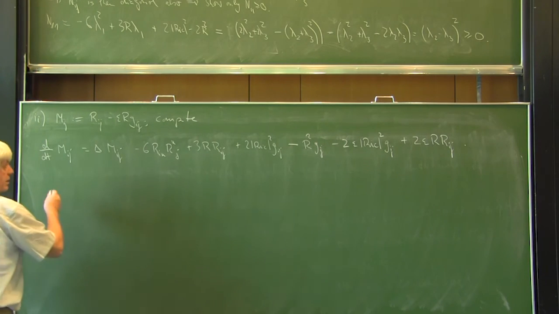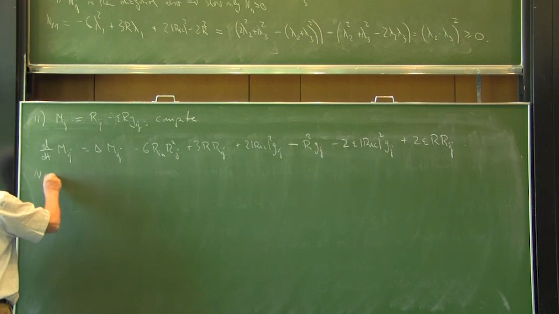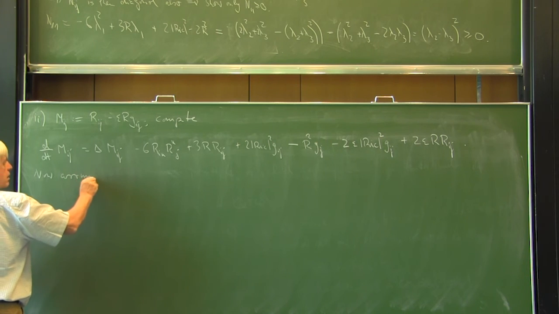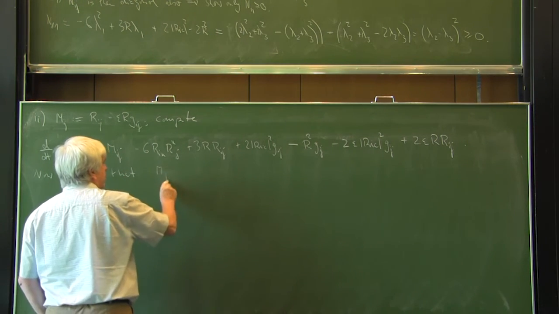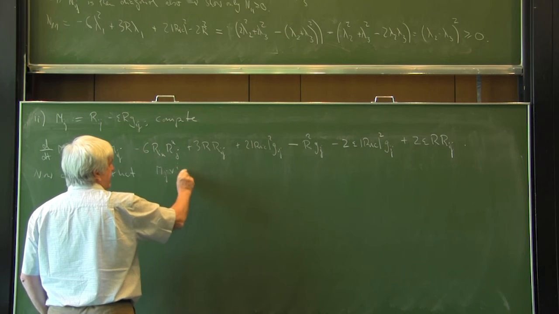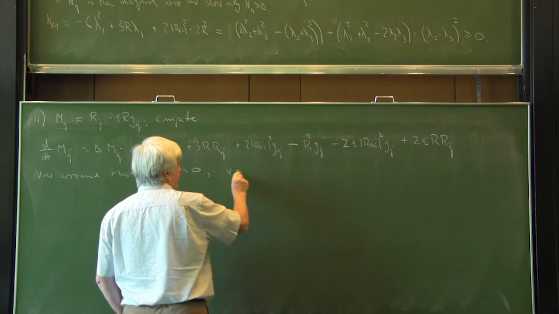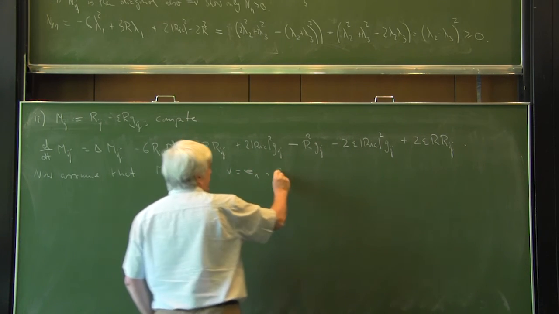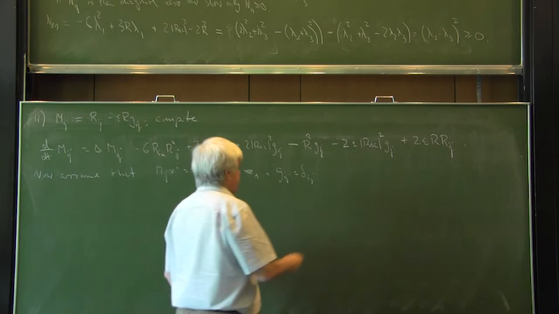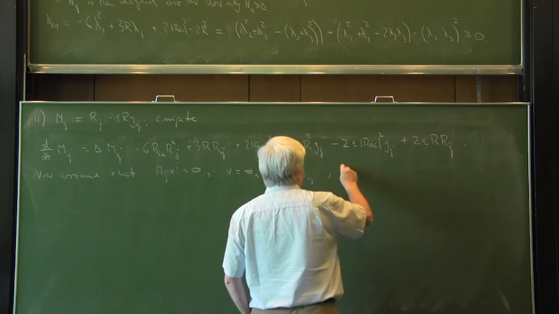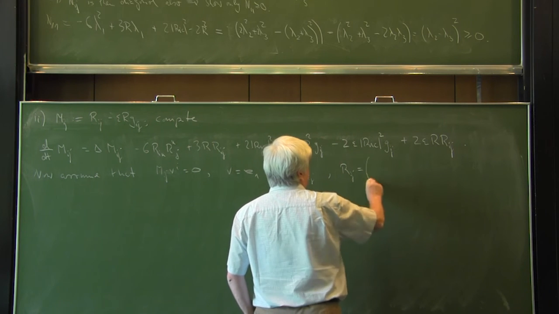So now assume that Mij Vi equals 0, and take again V to be E1, Gij equals delta Ij, and diagonalize Ricci.